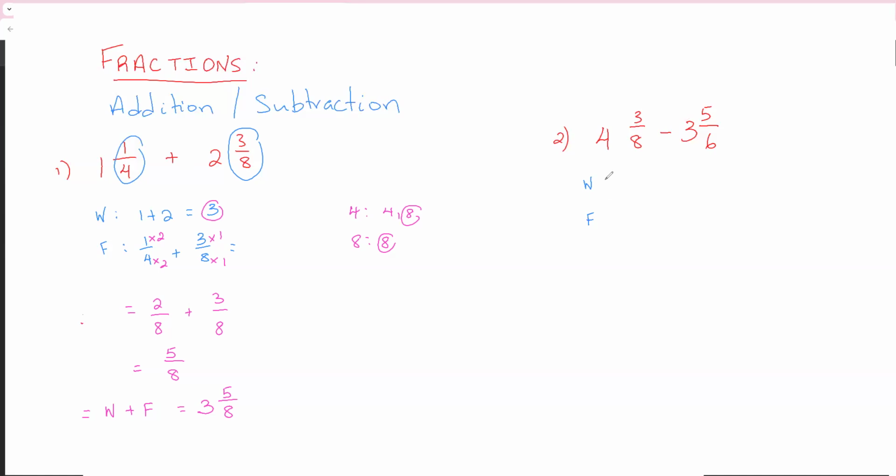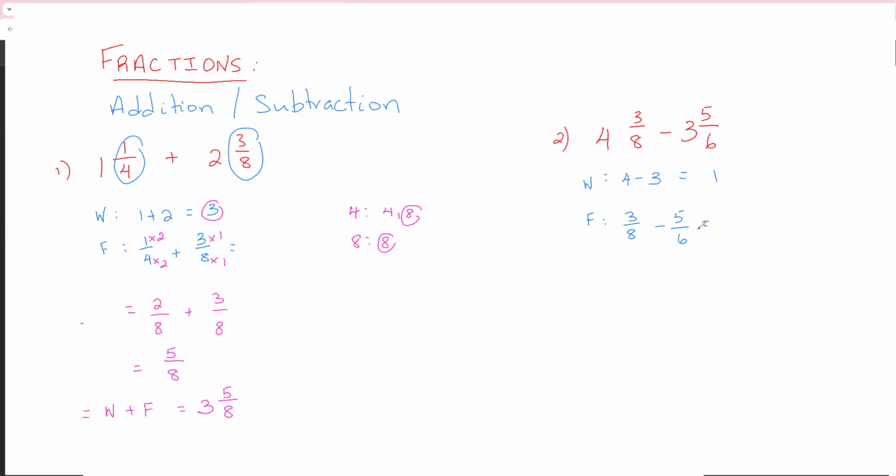Very good. So whole numbers, 4 minus 3. And then the fractional part will be 3/8 minus 5/6. Subtract your whole numbers like normal. 4 minus 3, that's 1.